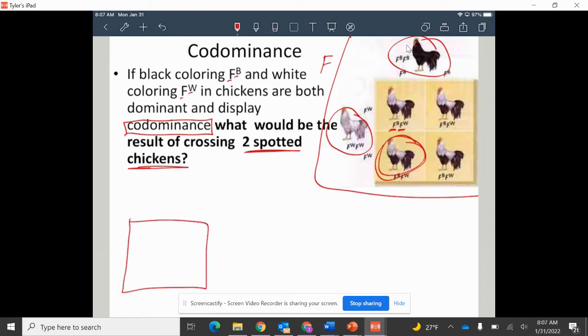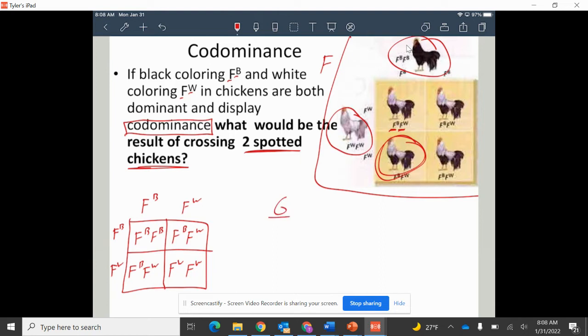What would we get? Well, we would get feathers black and feathers white, and another feathers black, feathers white. We get FB FB in the first, FB FW in the second, FB FW in the third, and FW FW in the fourth.